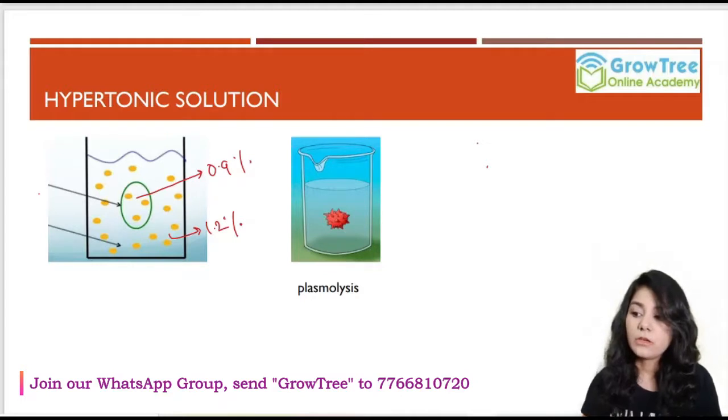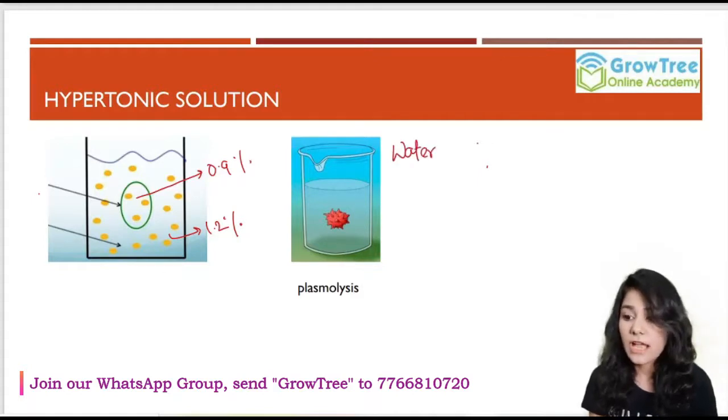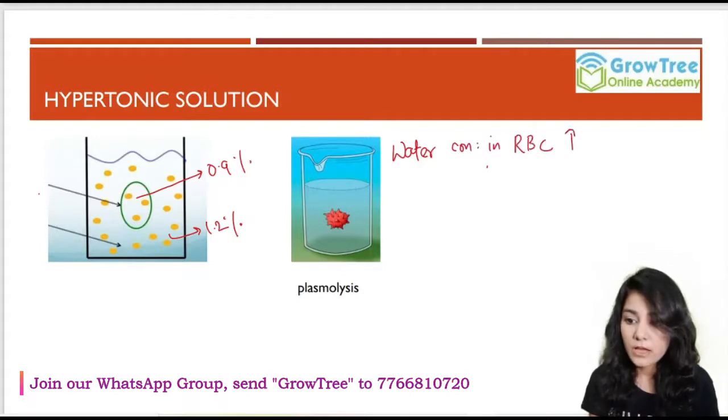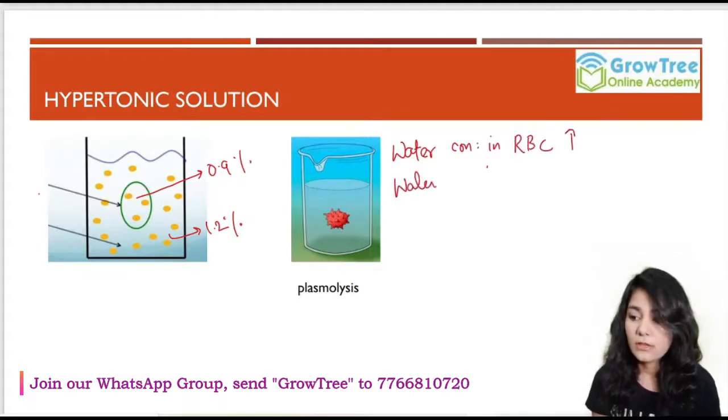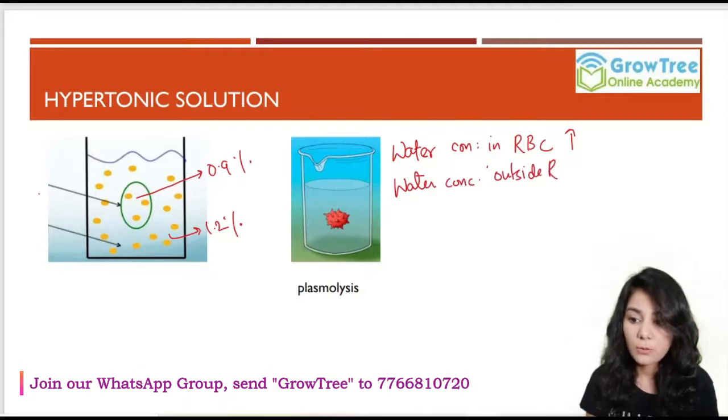But if we look into the concentration of the solvent present inside and outside the cell, we can say that the water concentration in the RBC is more as compared to the water concentration outside the RBC, that is in the medium.